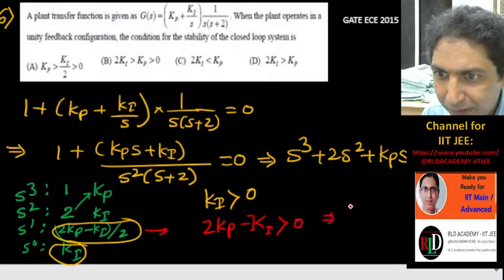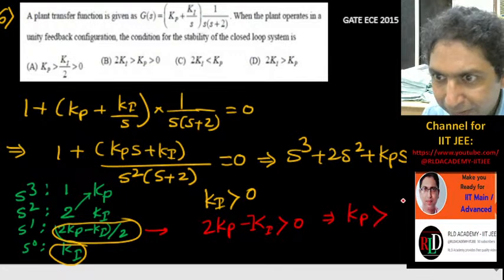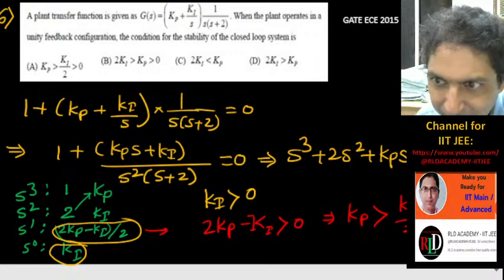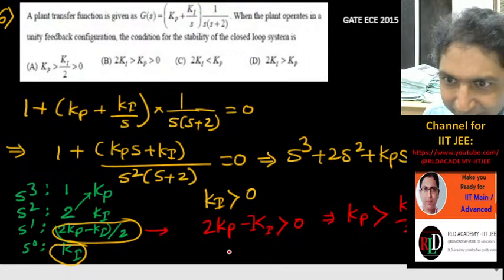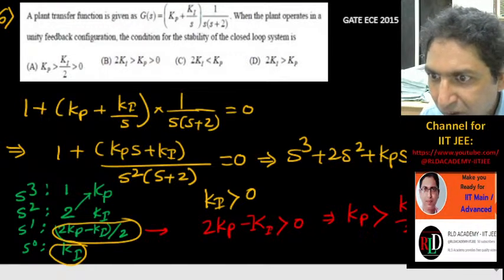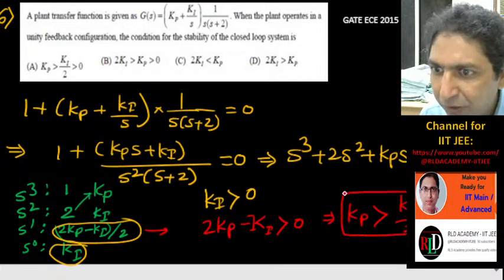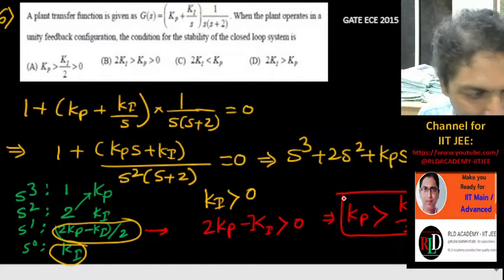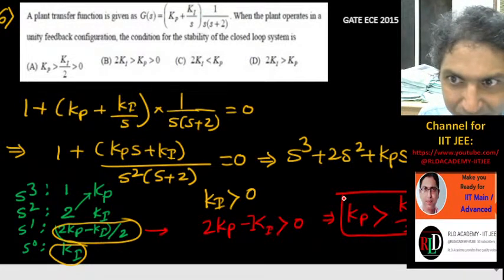In other words, Kp should be more than Ki by 2. Okay. So can I write then, and they already said that Ki is more than 0. So can I say that it is more than 0? So this will be the required condition. Kp is more than Ki by 2 and that is more than 0.